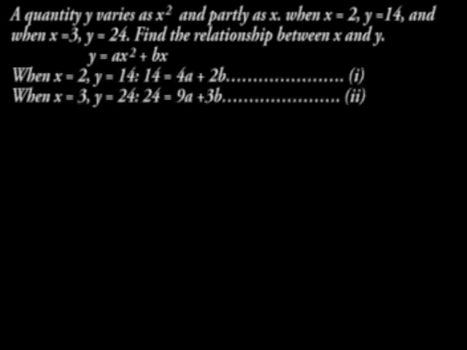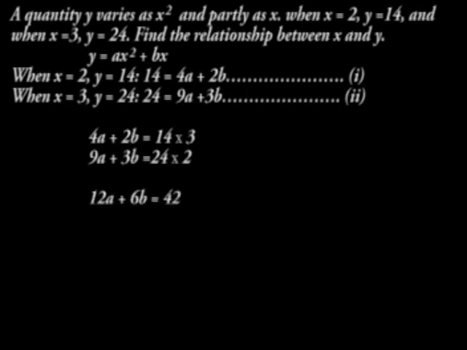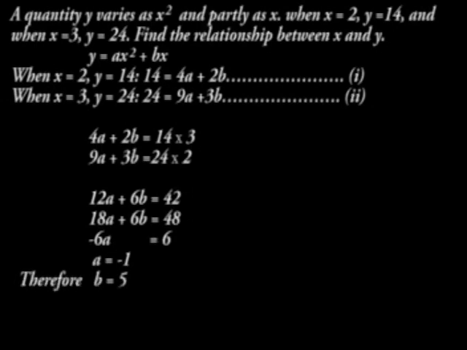When x is equal to 2, y is equal to 14, and therefore we have 4a plus 2b is equal to 14. When x is equal to 3, y is 24. Therefore 9a plus 3b is 24. We solve the simultaneous equations and we shall end up with a is minus 1 and b is 5. Therefore the relationship is y is equal to minus x squared plus 5x, which can also be written as 5x minus x squared.